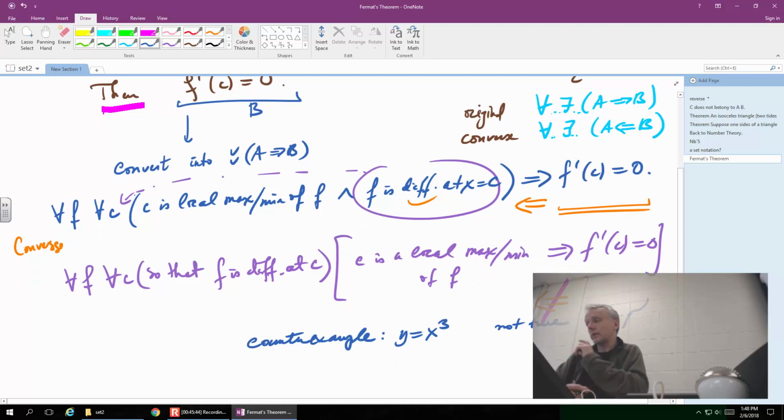Okay, so we say that the converse is not true, but at the same time, we might explore it further and ask ourselves, what extra conditions do we need in order to make sure that it is true? Under what circumstances, what extra condition should I impose in order to discard this counterexample? You also saw it in calculus.